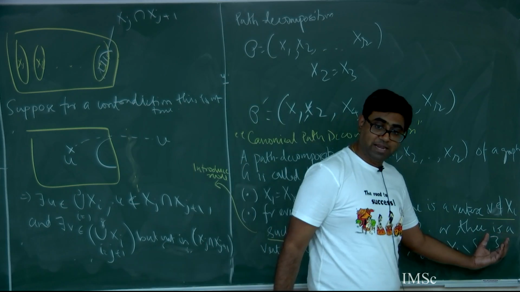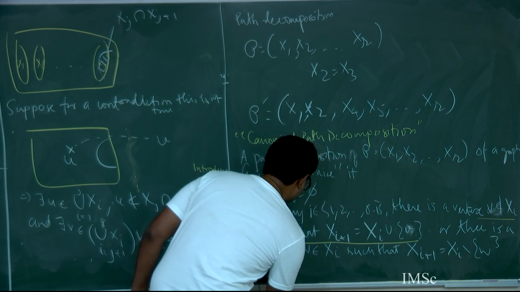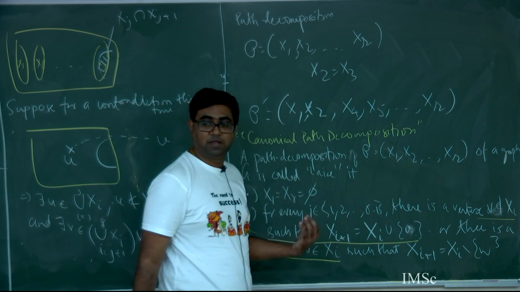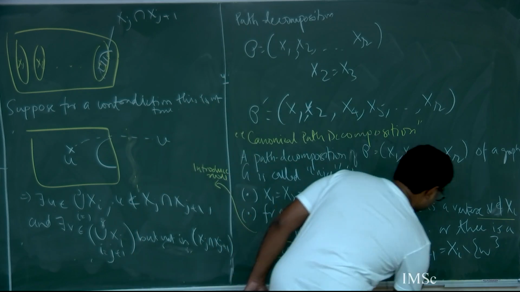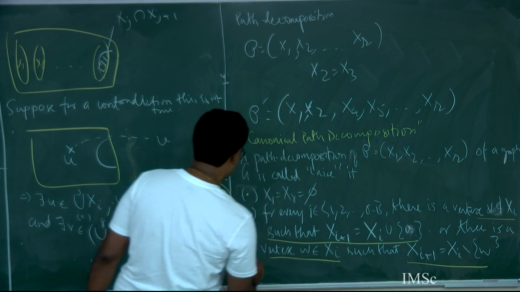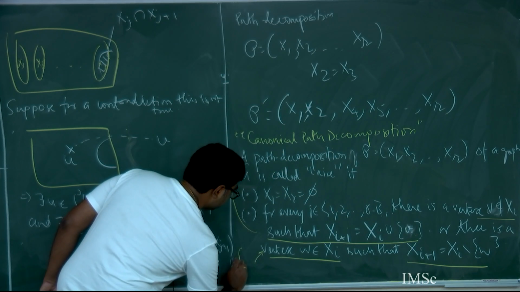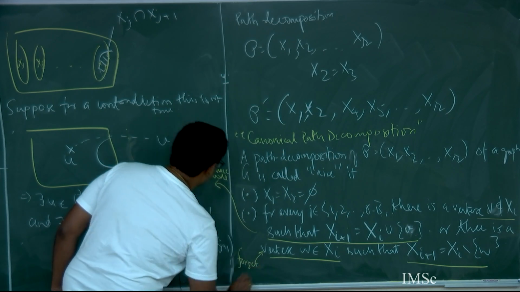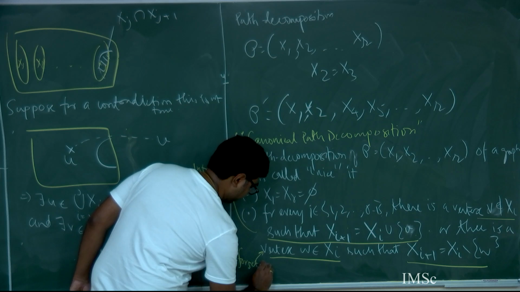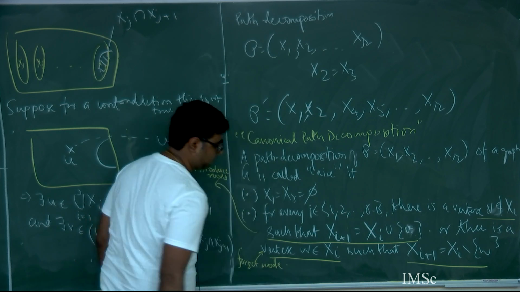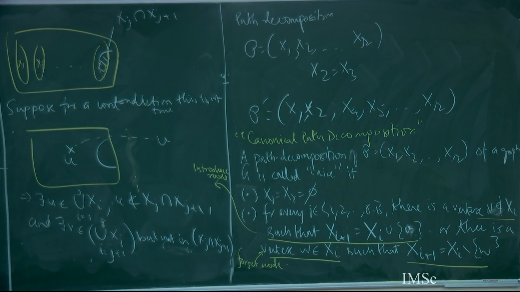Or there is a vertex w in Xi so that Xi plus 1 has been obtained by deleting w. This is called a forget operation or forget node, okay.